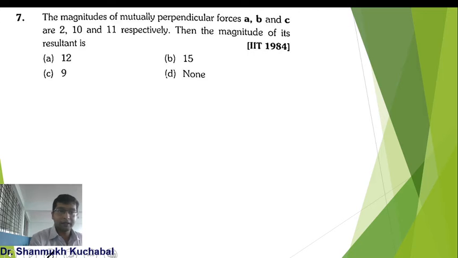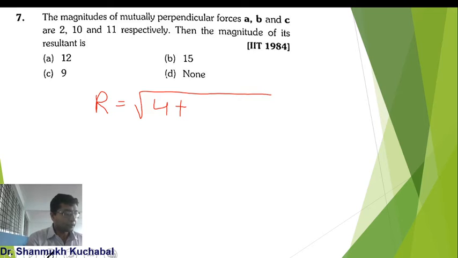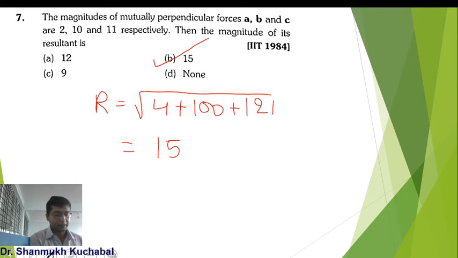So the resultant R is given by the square root of 2 square 4, 10 square 100 and 11 square 121. So if we simplify this, we get the answer as 15. Therefore option B is the right answer. Yes. So you can take a screenshot of this.